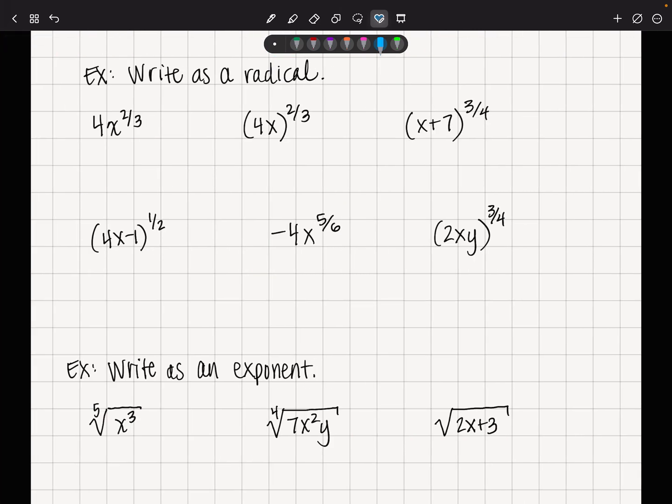So let's practice writing these all as radicals. Now, 2/3 power goes to the x, and the 4 is not included. So the 4 is going to stay on the outside, and then we're going to have the cubed root of x squared.